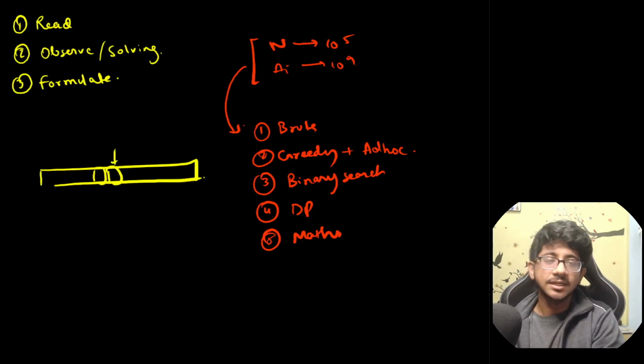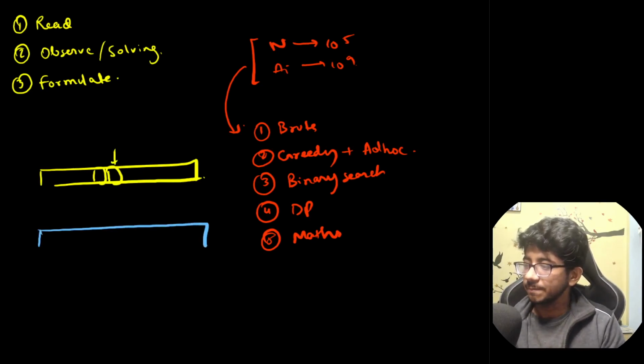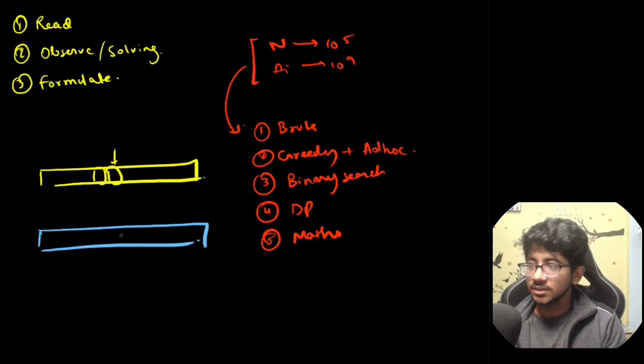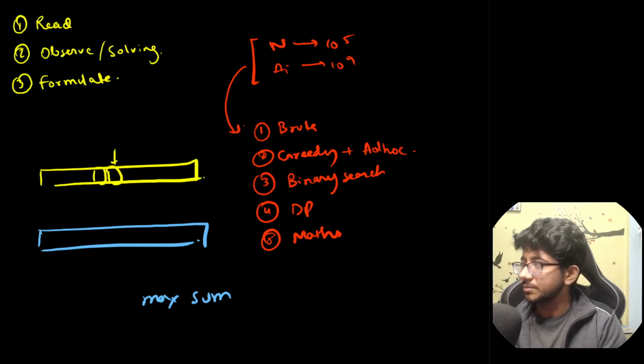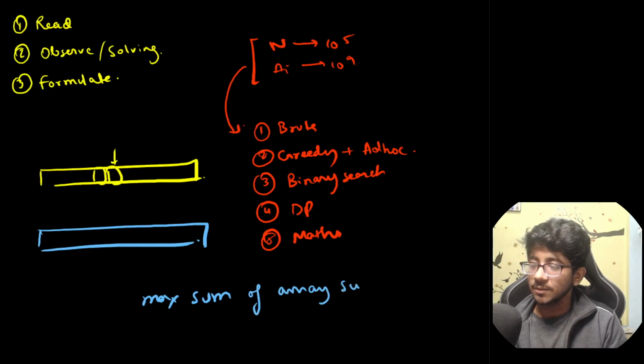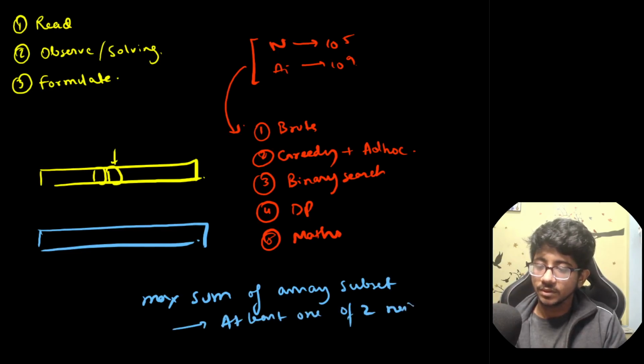So there is this very classical DP problem which says that in an array, when you have to take elements out of two neighbors, find the maximum sum of an array subset with at least one of two neighbors taken. The same restrictions as this problem, that out of two neighbors, one has to be taken and you have to maximize the sum. Now, this is a very classical DP problem.